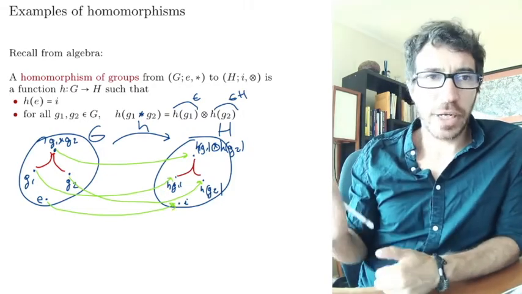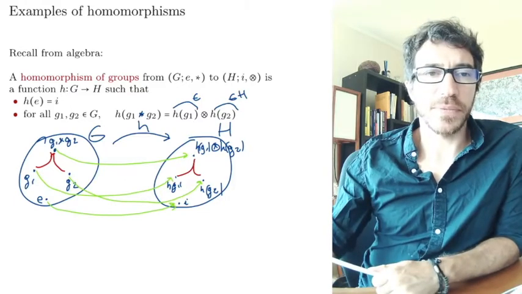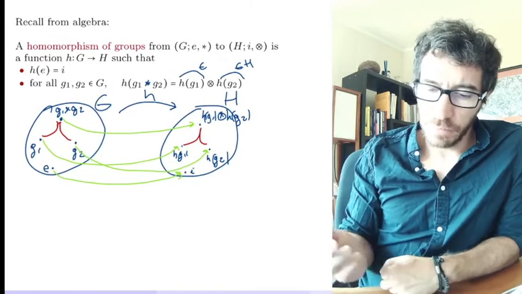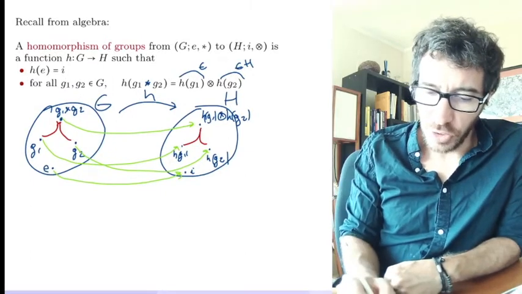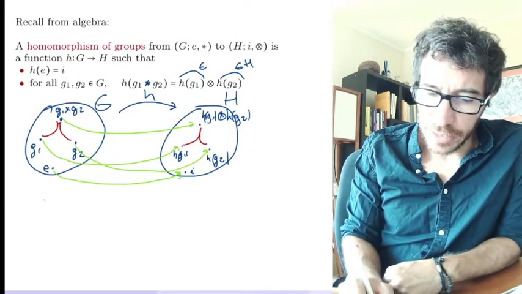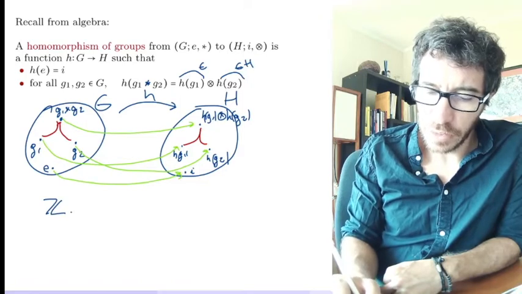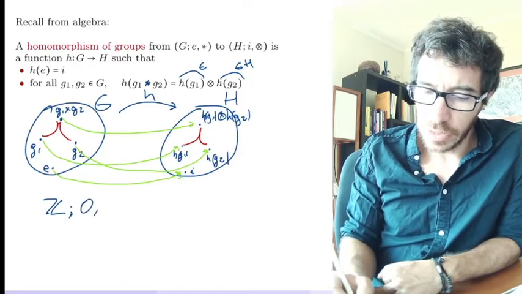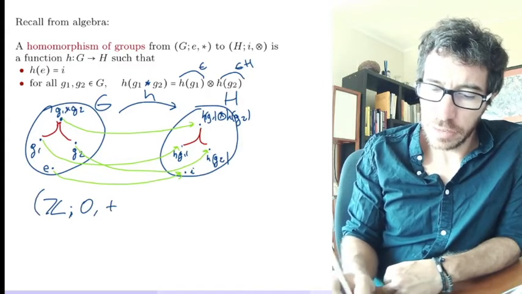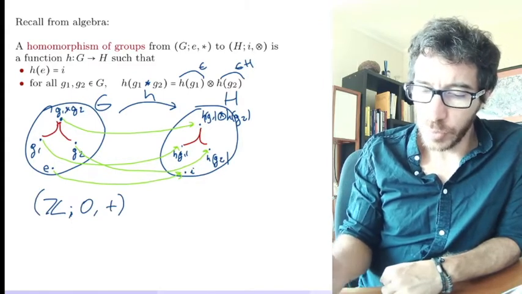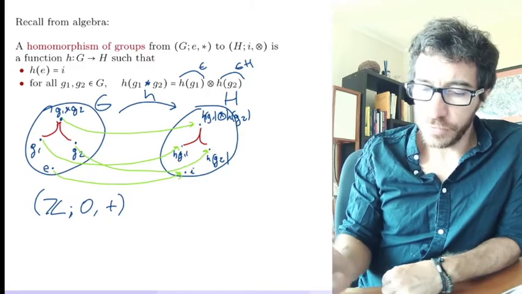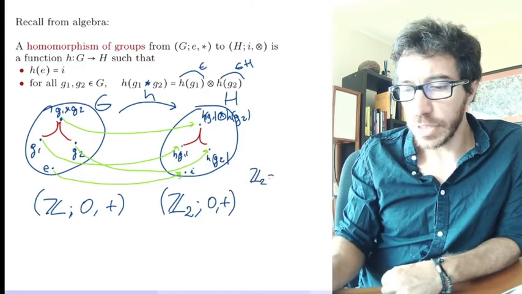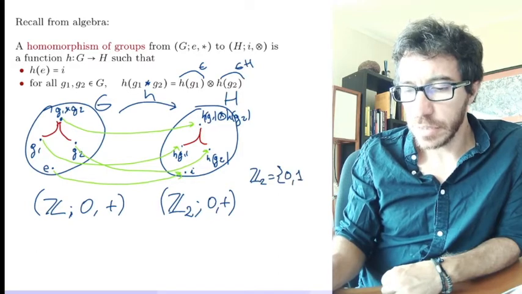Let's look at a few examples of these just to see what they were. Let's take the group Z with 0 and plus, and the group Z2 with 0 and plus, where, if you remember, Z2 is the group that only contains two elements, 0 and 1.